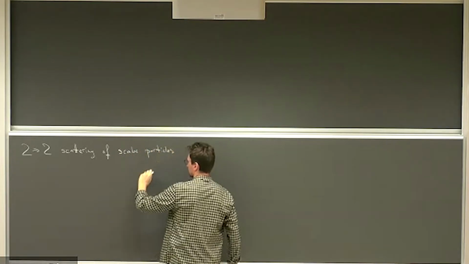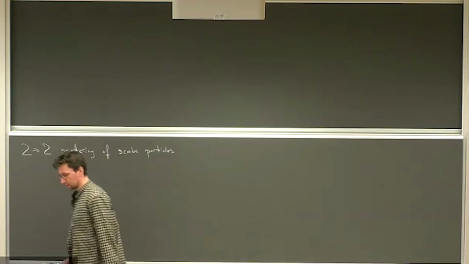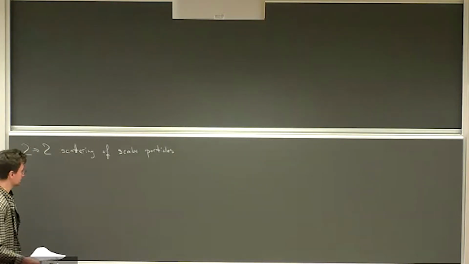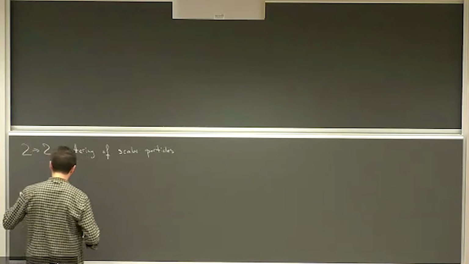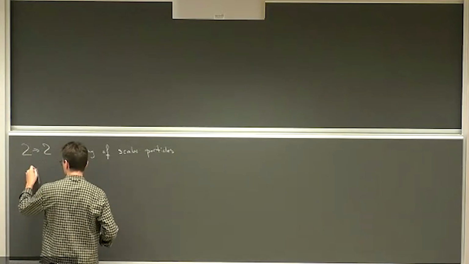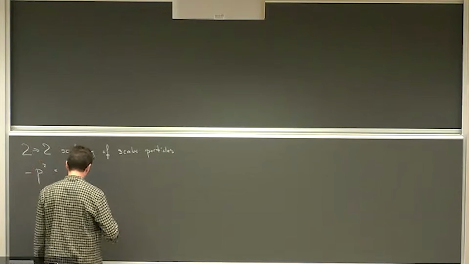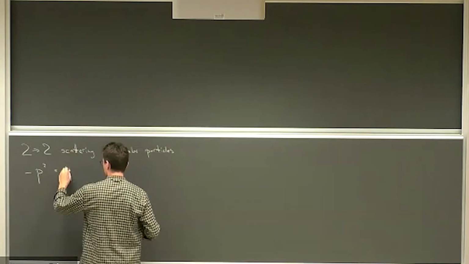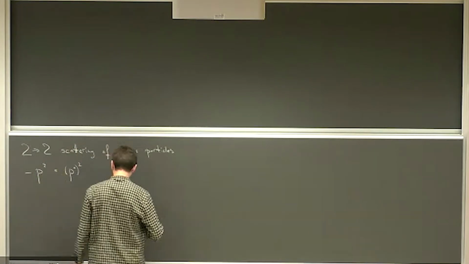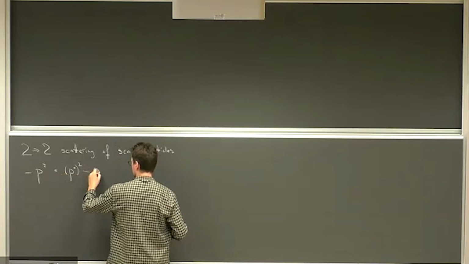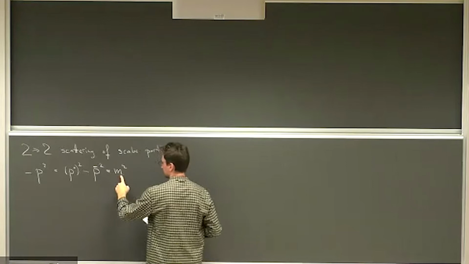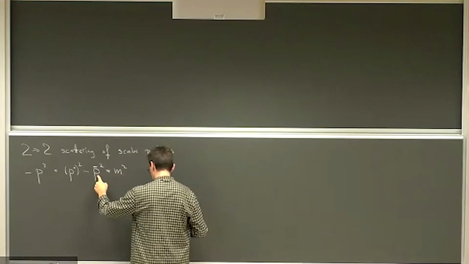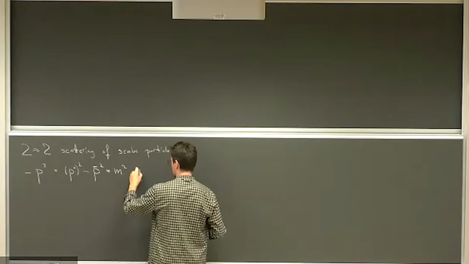Remember that particles are labeled by their four-momentum. I will use the mostly plus signature, and we have the on-shell condition. They're labeled by their mass and by their spatial momentum, so the energy is positive.